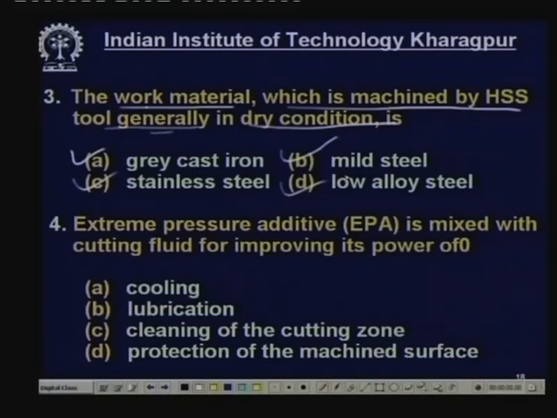Now, it is very clear that high speed steel is prone to formation of built up edge, etc. Mild steel, stainless steel, these are continuous type of chip, they need lubricant and cooling, but grey cast iron should not. So, this is the answer.